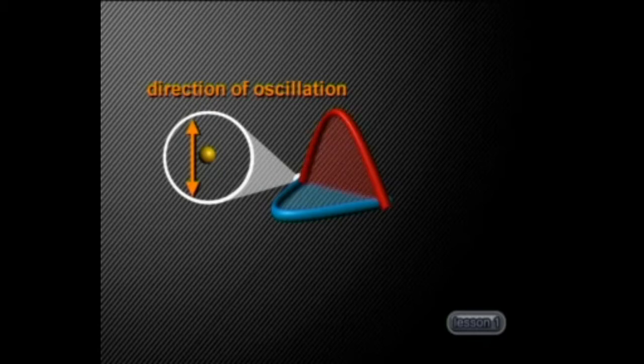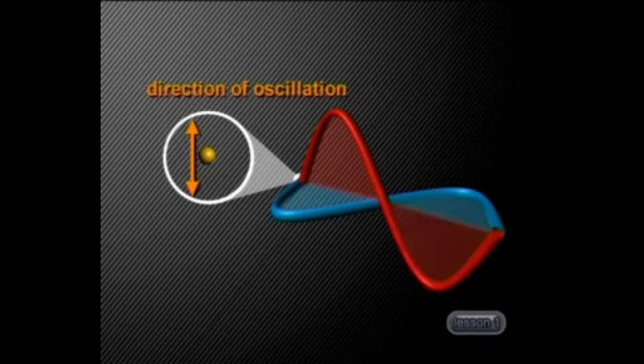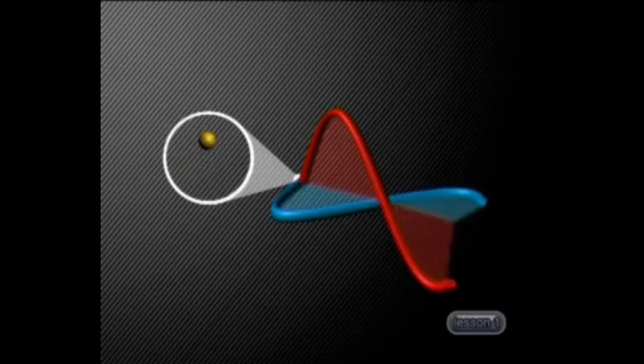But this changing magnetic field induces a changing electric field at right angles to it. And this changing electric field, in turn, induces a changing magnetic field at right angles to it, and so on. In other words, each field generates the other, and a continuous electromagnetic wave will be produced as long as charges oscillate, that is, moving up and down.